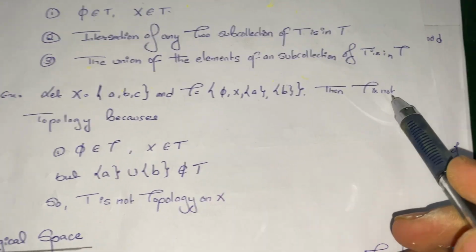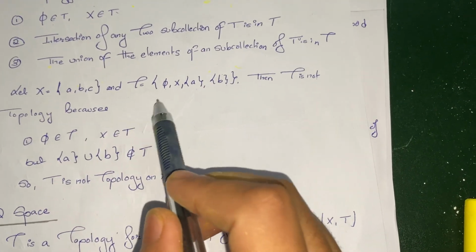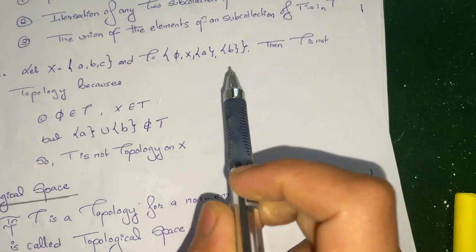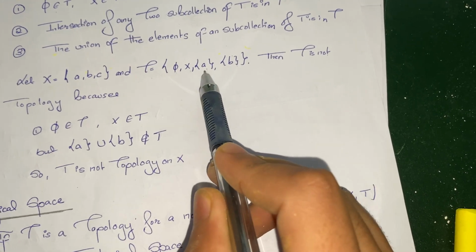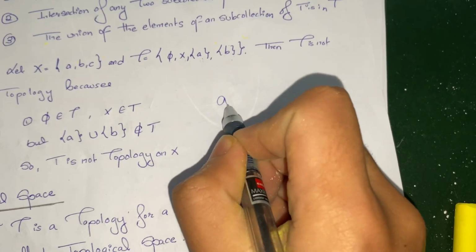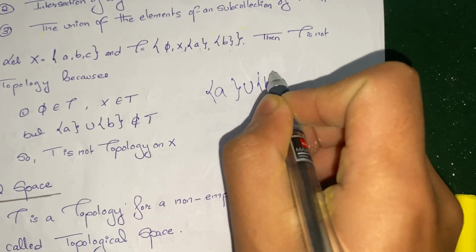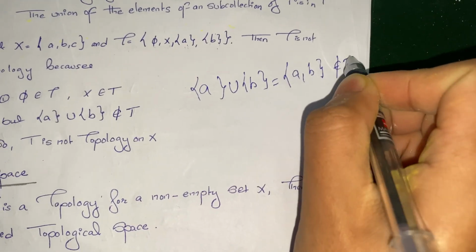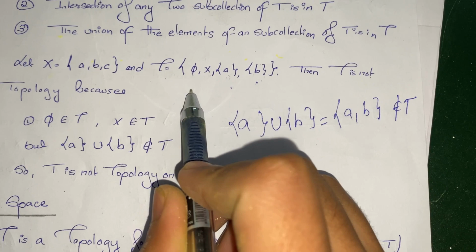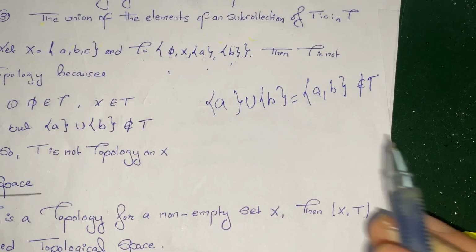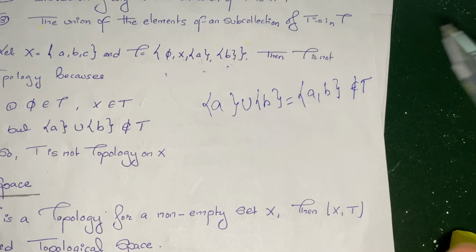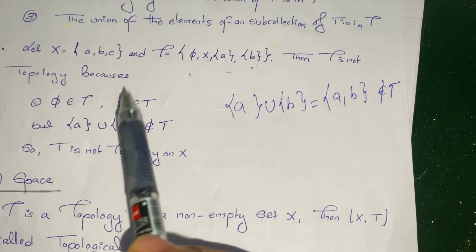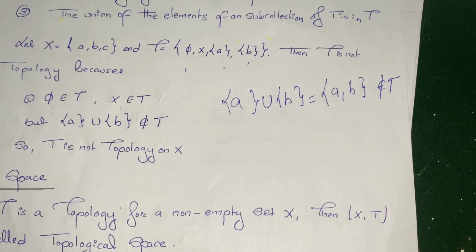Then T is not a topology on X. The first condition, that the null set and the whole set belong to T, is satisfied. But if you take the union of {a} and {b}, it will give you {a, b}, and {a, b} does not belong to T. So the second and third conditions are not satisfied. It only has the null set and the whole set, but it fails the other conditions. So it is not a topology.